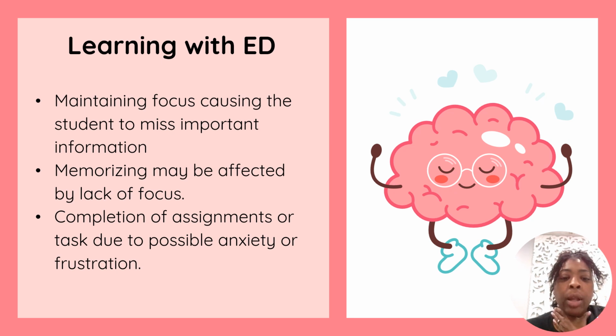Okay. And learning with this may be very similar to some of the issues that we find in autism. Maintaining focus, causing the student to miss important information, memory, also another problem here, and the completion of assignments just due to the anxiety and frustration. So we'll see this kind of coming back around.